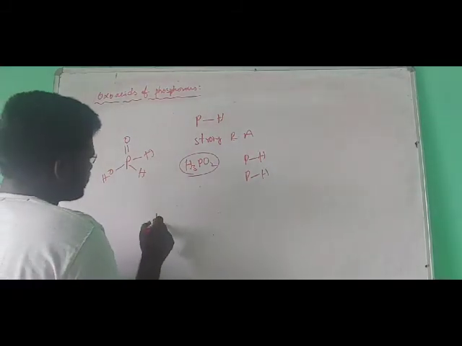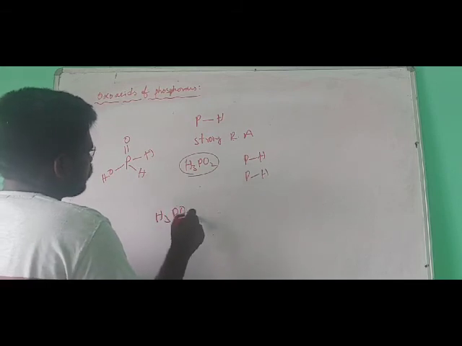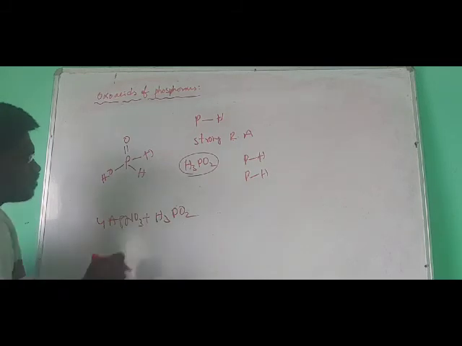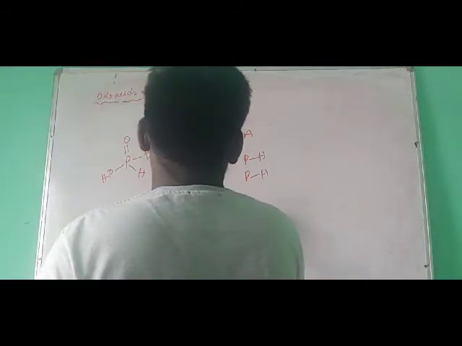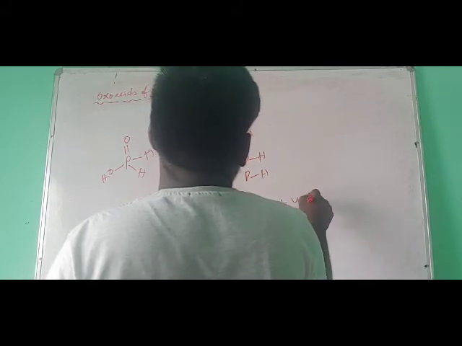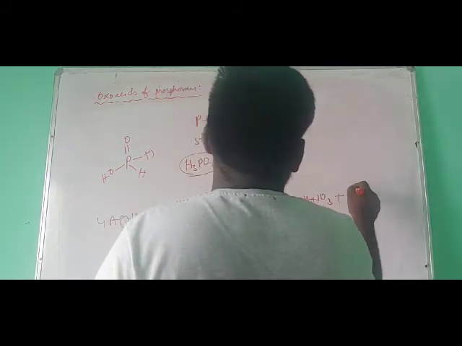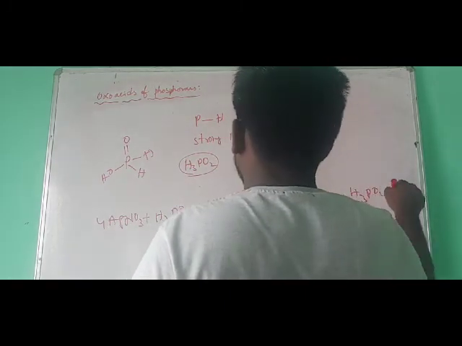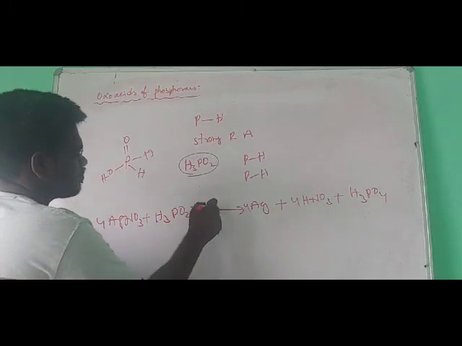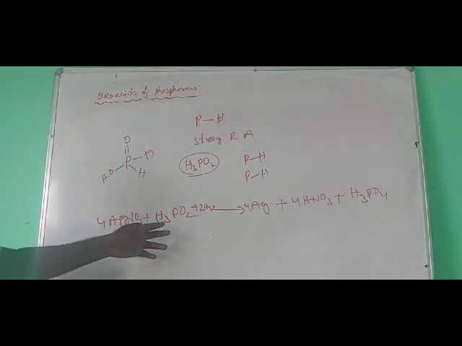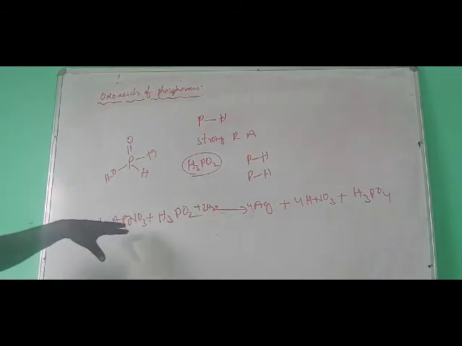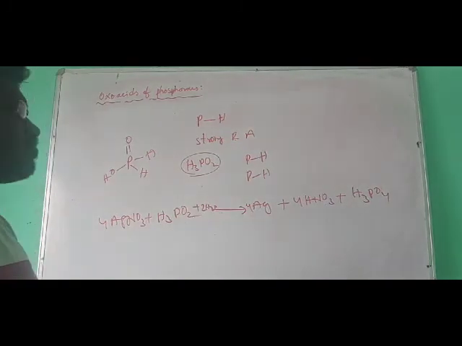When you treat this H3PO2 molecule with 4 moles of AgNO3, we get 4 moles of Ag, 4 moles of HNO3, and we get H3PO4 and water also, 2 moles of water. So here when H3PO2 is treated with AgNO3 in the presence of water, this AgNO3 undergoes reduction.